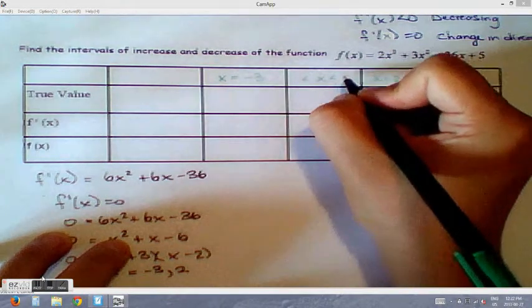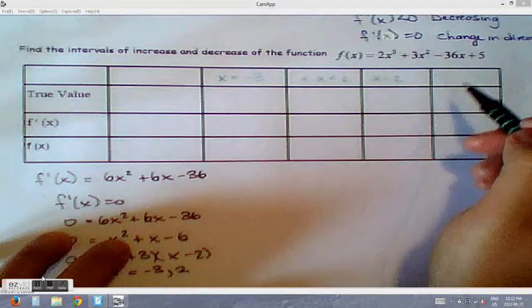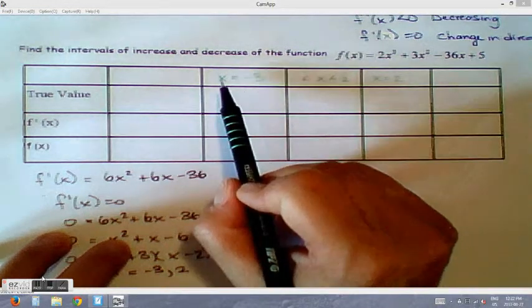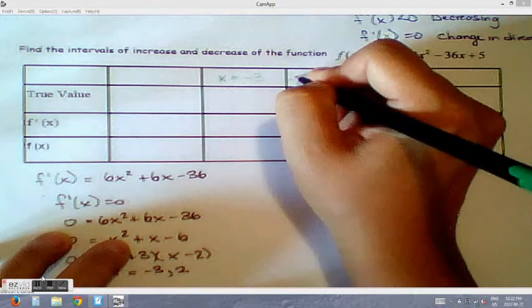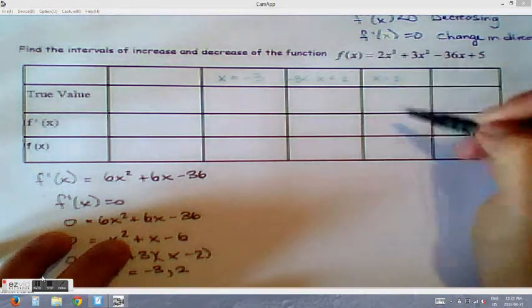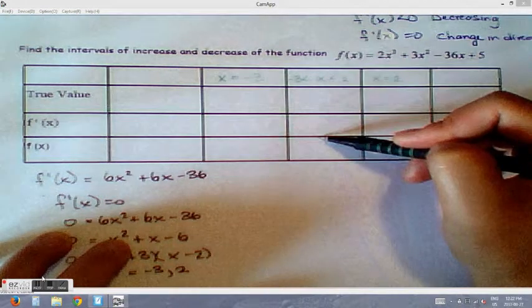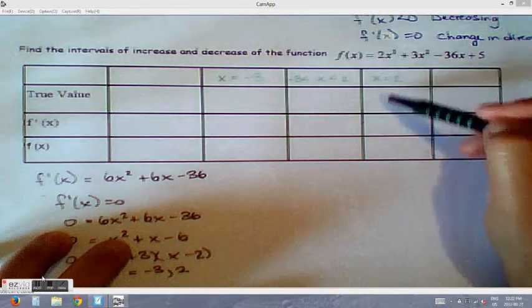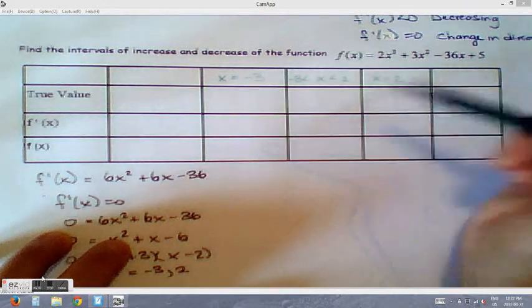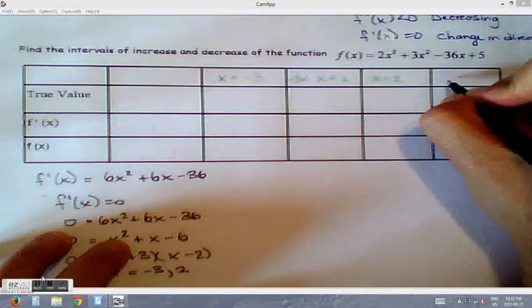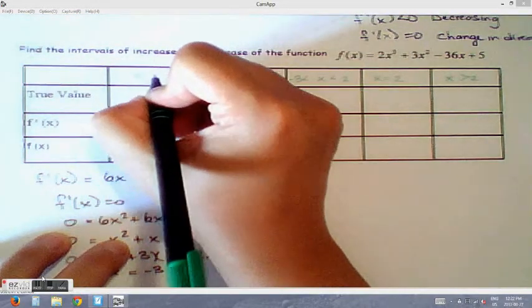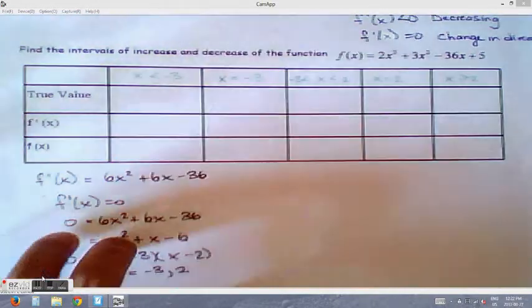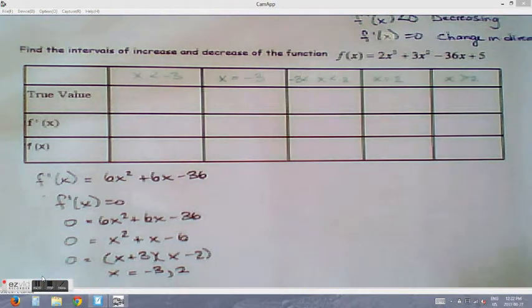But not equal to, because we know what the function looks like when x is equal to negative 3 and x is equal to 2. Eventually you can skip this step and just look for the intervals in between, because you already know what you're going to get in these boxes. So x is greater than 2, and of course x is smaller than negative 3. Okay, so that's in green.